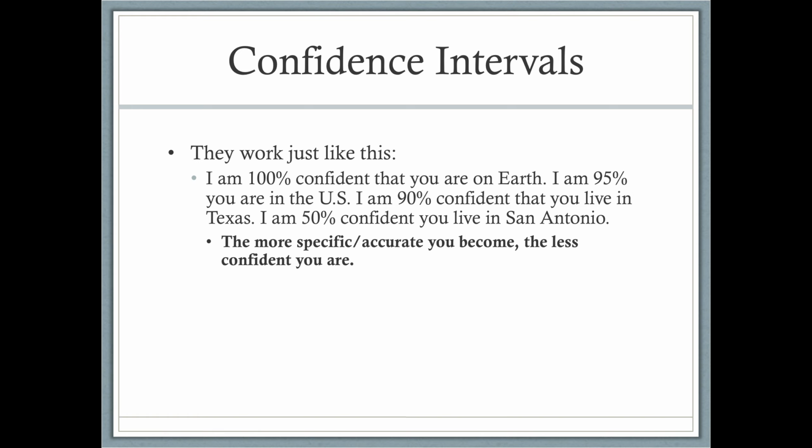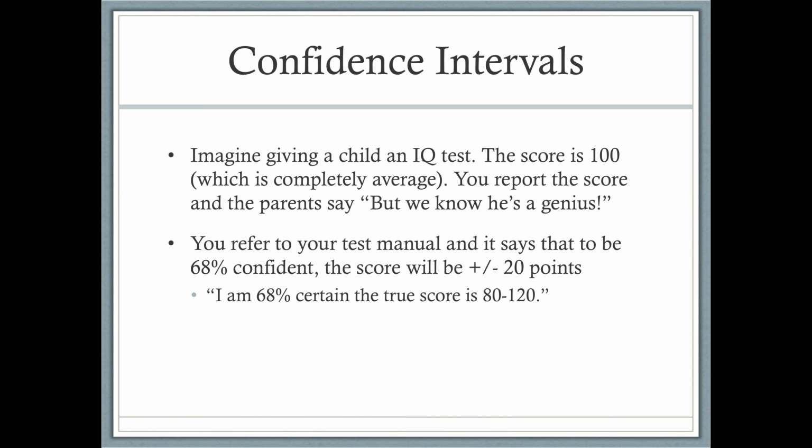So in terms of testing, think of it this way. Imagine giving an IQ test, or the gifted test. The child scores a 100, which is average. You report the score, and the parents are saying this is not right. We know he is above average. We know he's a genius.